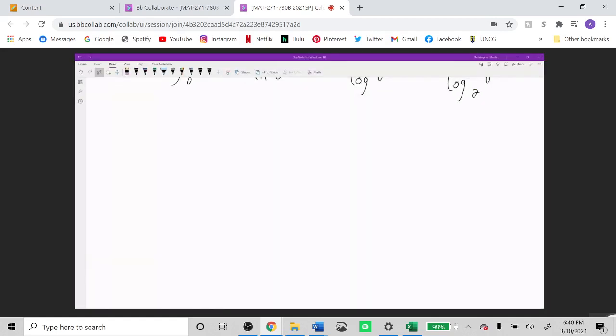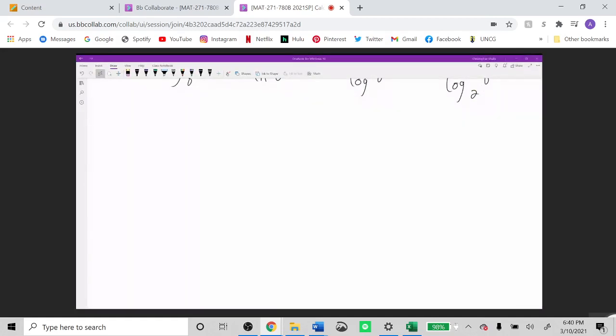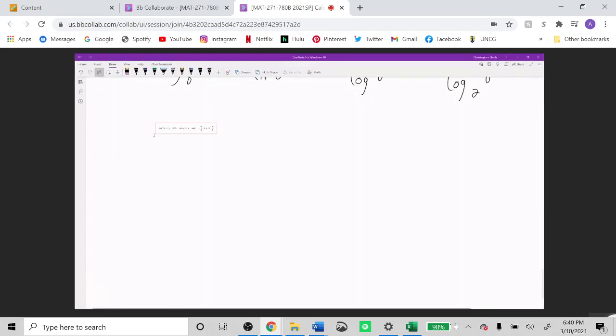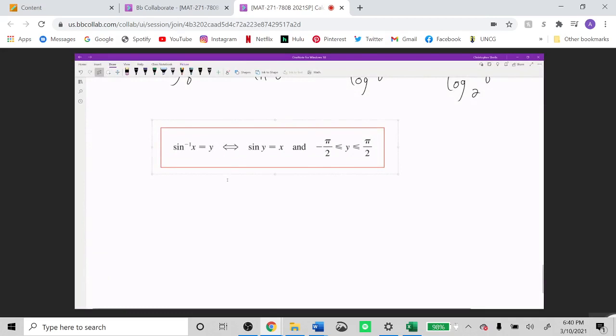Let me see where we should start here. I suppose I should start right here. We have the inverse sine function. Sine inverse of x is equal to y if and only if sine of y is equal to x, and y is between negative pi over 2 and positive pi over 2.